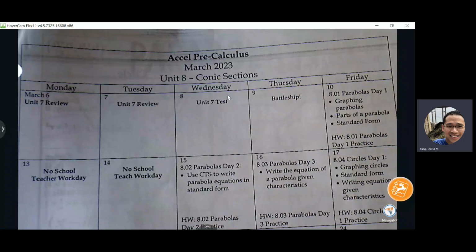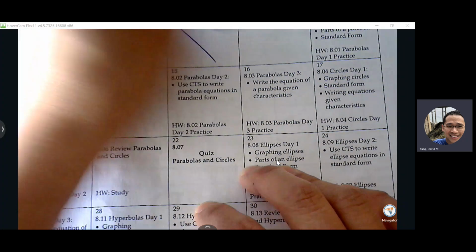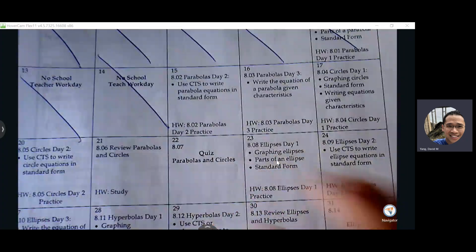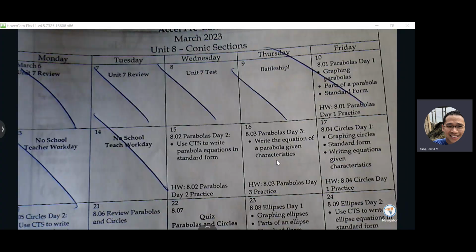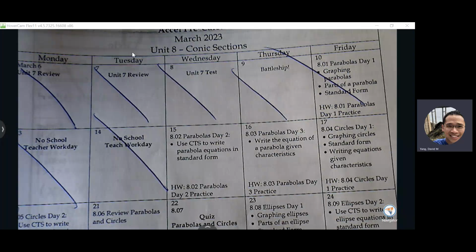That's a good reminder. Parabolas. Yeah. I said that. I'll talk about that. And then again, that's good. I get new ones.